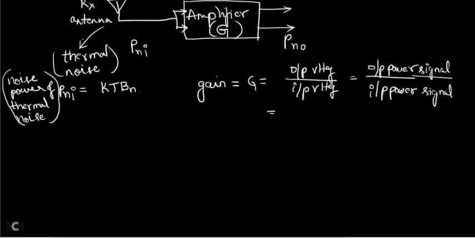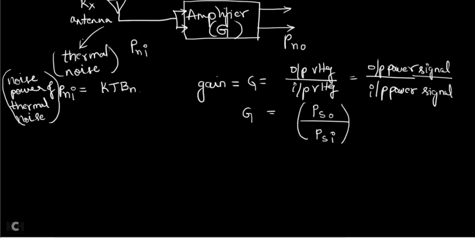I am taking the gain of the amplifier as output power of the signal divided by input power of the signal. Output power of the signal is PSO, and input power of the signal is PSI, so capital G is equal to PSO divided by PSI.